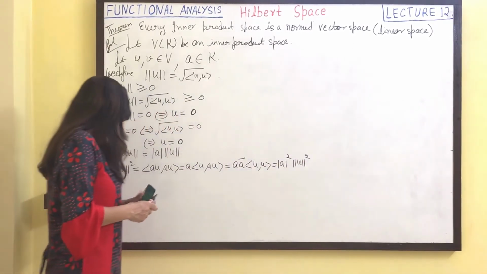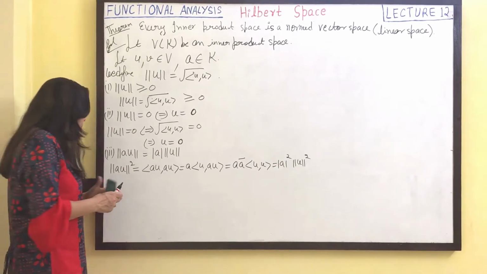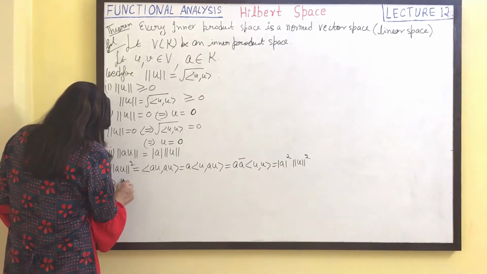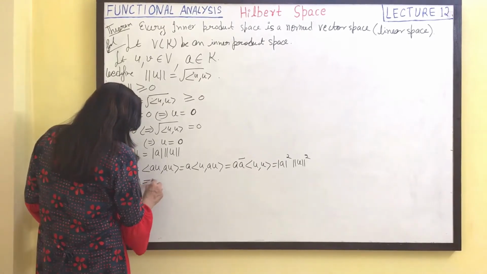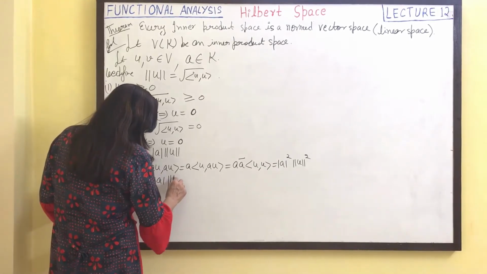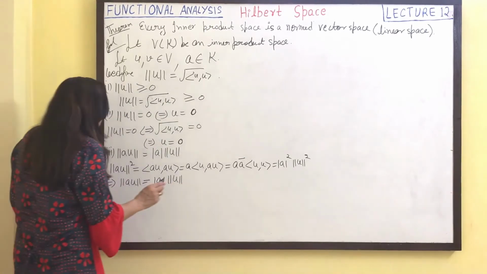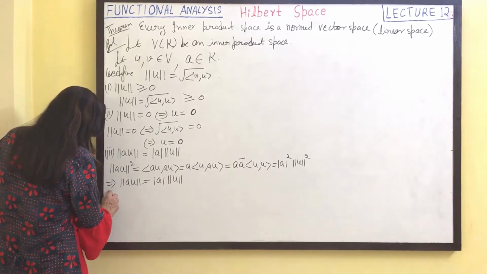So now, taking the positive square root, we can write norm of au is equal to mod a multiplied by norm u. So the third property is also satisfied.